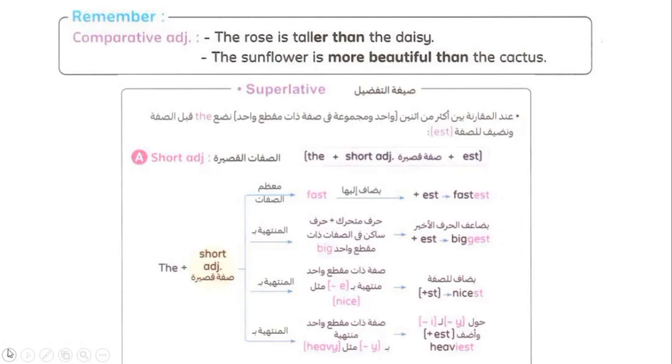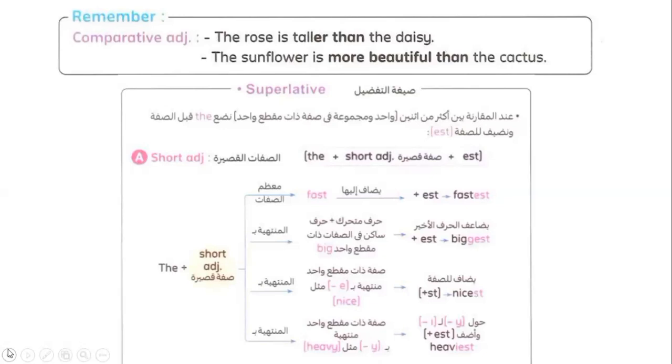Now we will play with some adjectives. If my adjective is a short word with three letters, ending with a consonant and with a vowel before the consonant, we will double the consonant, like the adjective big. It will be the biggest. I double the G and add est.